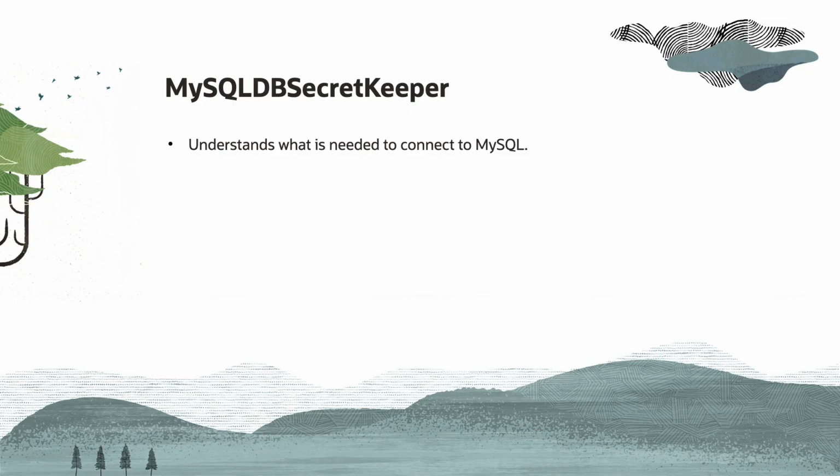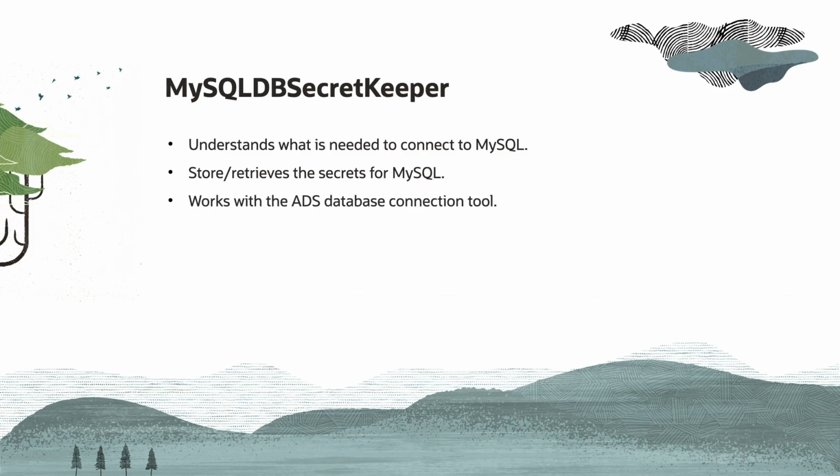Whereas the BDS Secret Keeper would store information such as the principal, the Kerberos 5 configuration file, the HDFS host and port, the Hive host and port. The MySQL DB Secret Keeper stores and retrieves secrets for MySQL specifically. It works with the ADS database connection tool as well.